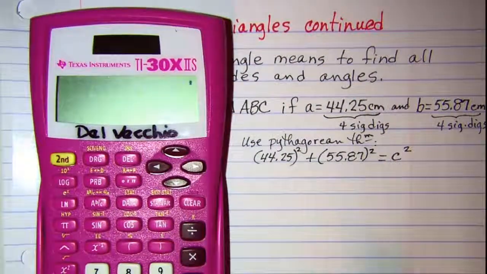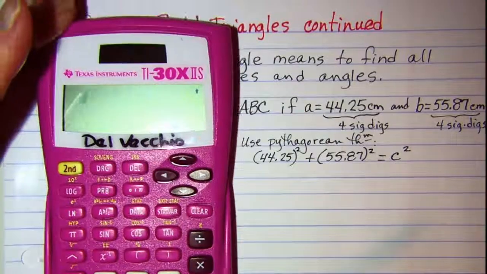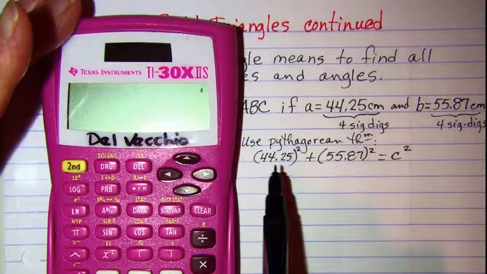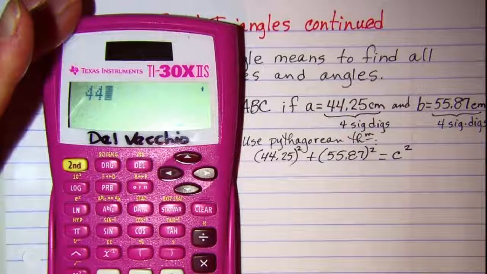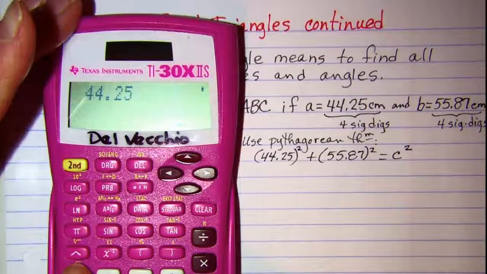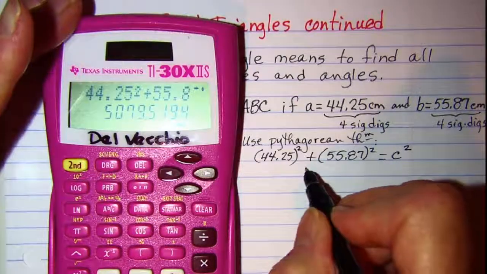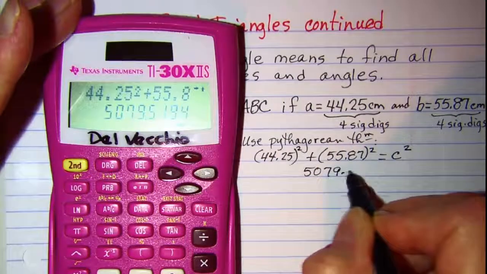Now since I'm not dealing with any trig, I don't need to worry about the degree or anything. I just need to do this math. So 44.25 squared plus 55.87 squared, and that equals 5079.5.